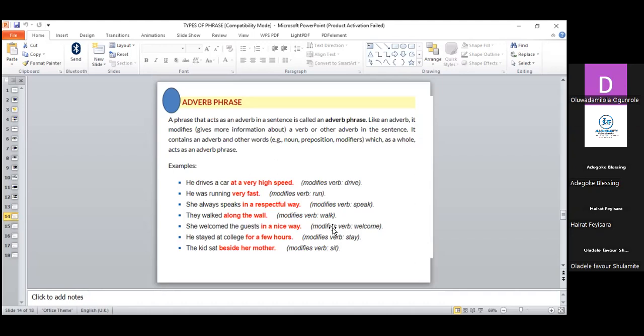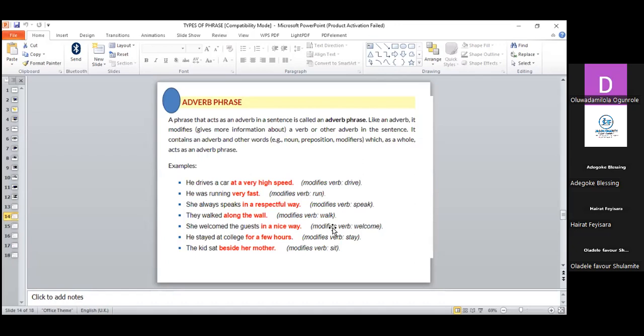The first example, it drives a car at a very high speed. You realize with me there that the highlighted expression in the red ink isn't modifying the car, but it's telling us how the action drive was done.